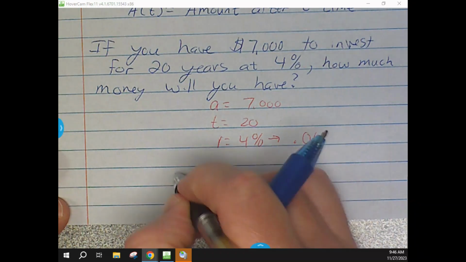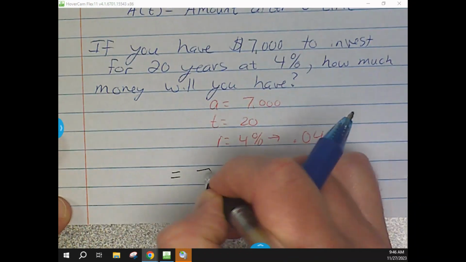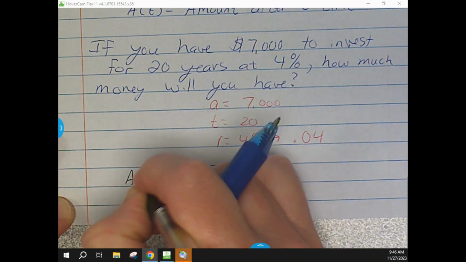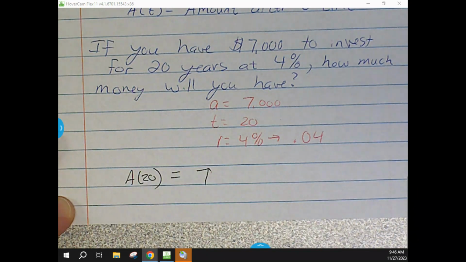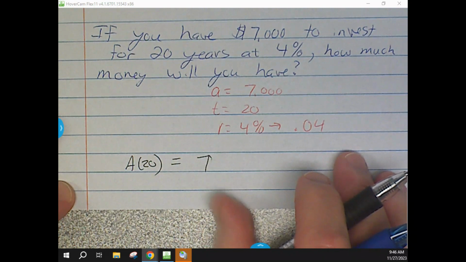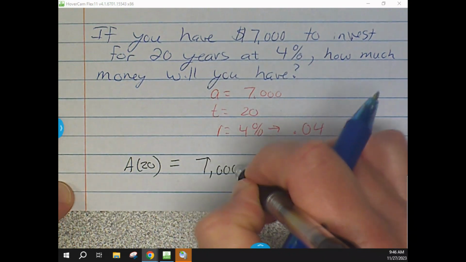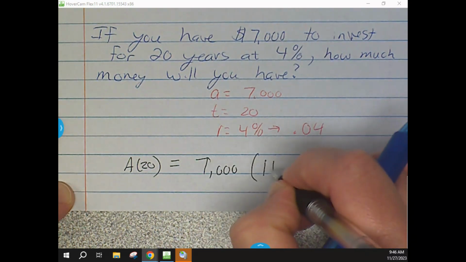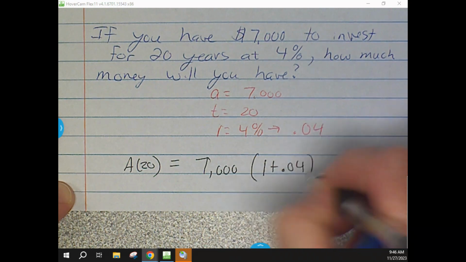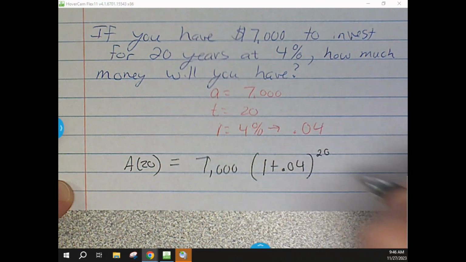Okay, now here's where you get calculator practice. Because if you plug in those numbers, basically that would be A of 20, because after 20 years, we don't know what this amount's going to be. It's $7,000 times 1 plus 0.04 raised to the 20th power.